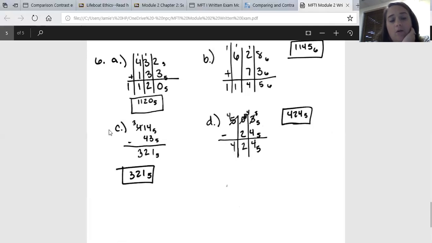And then on C, when we're subtracting, in B, we're using a base of 6, so we can use 0, 1, 2, 3, 4, and 5, but we can't use 6. So when we go above 5, we have to carry. 8 plus 3 is 11. So, I'm sorry, 11 minus 6 is 5.